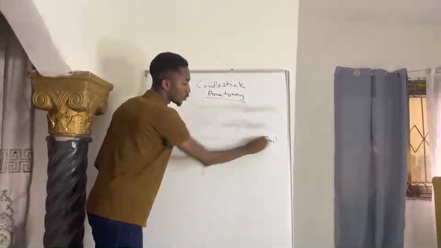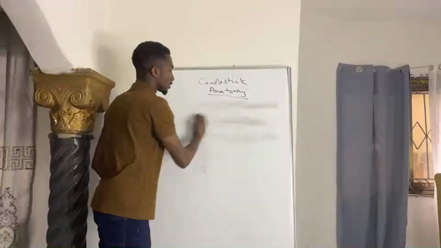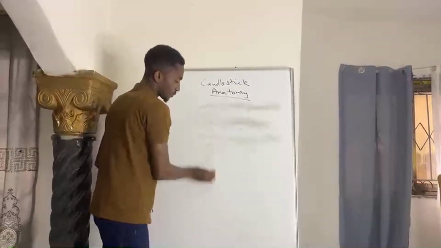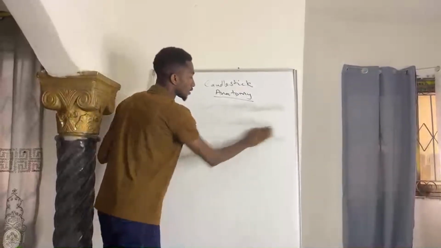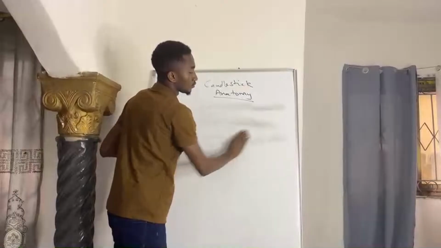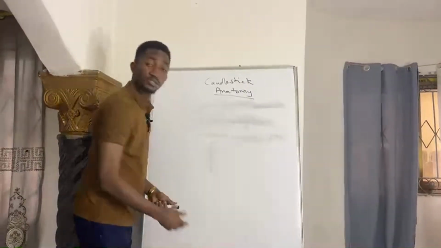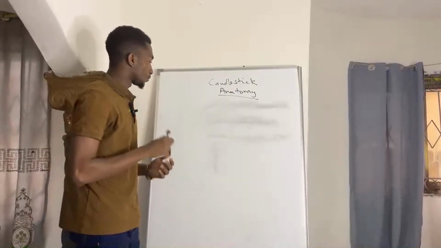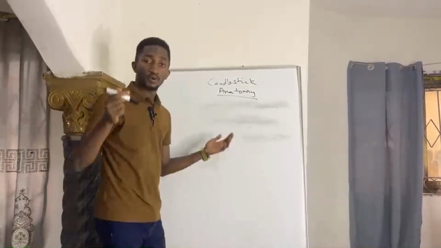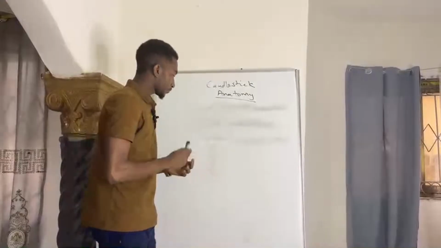You need to know how to read a candlestick. So we are going to go step by step. These are all part of the mentorship package, so I'm just going to give you guys some of the basics you need to know, but having a mentor is very essential.